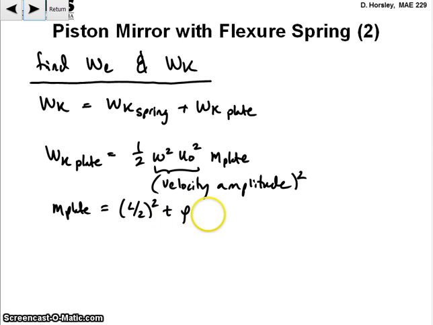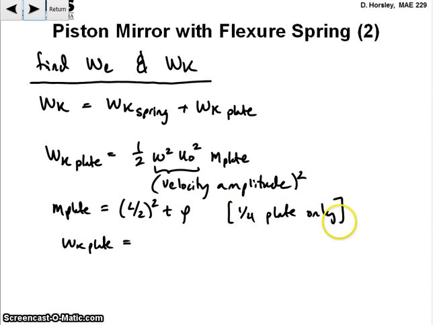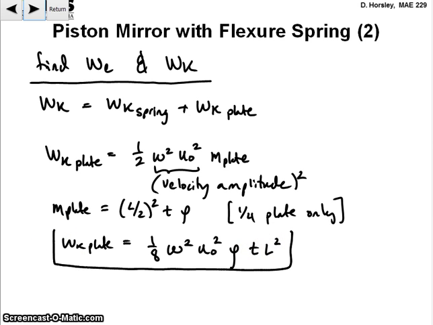And so we get that WK for the plate is equal to 1/8 omega squared U naught squared times rho T L squared. Okay, so that's the kinetic energy for the plate.